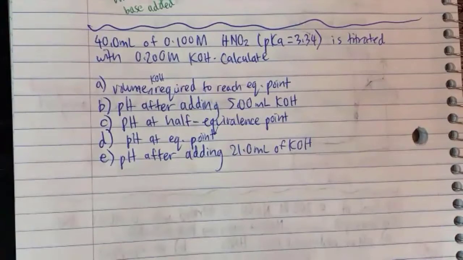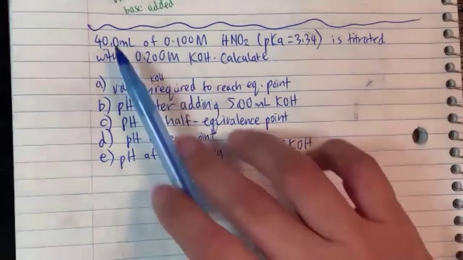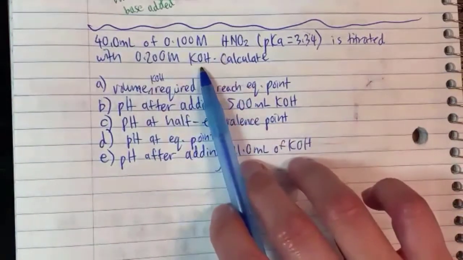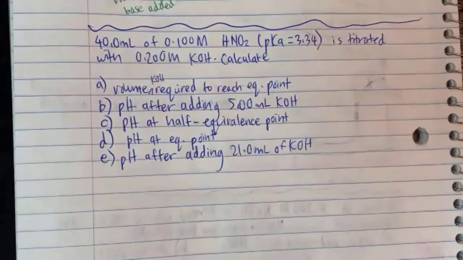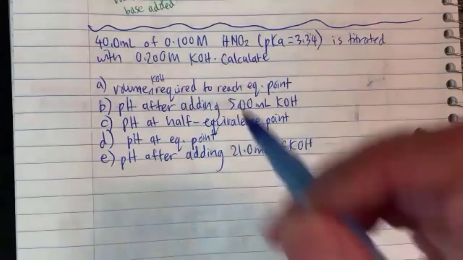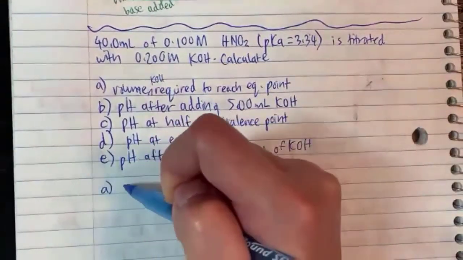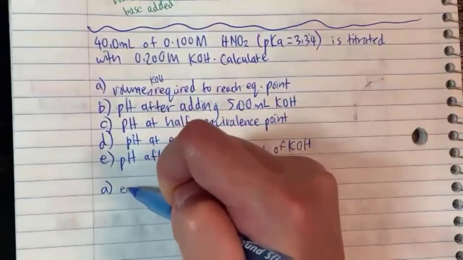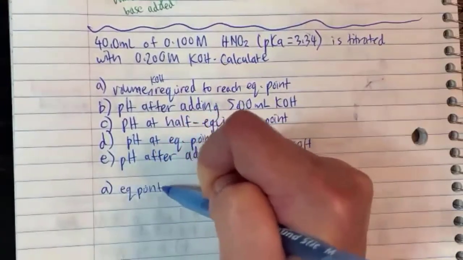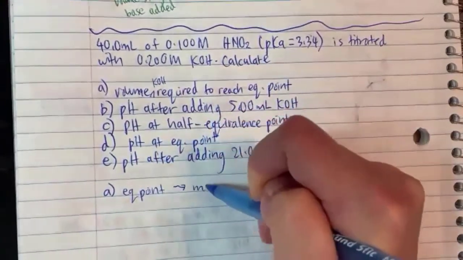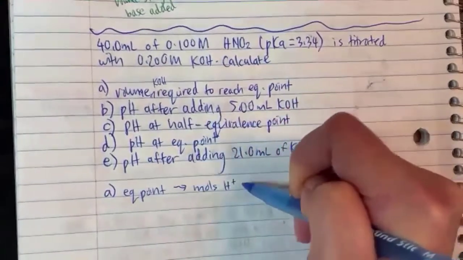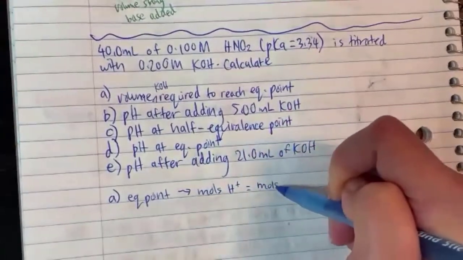So at equivalence point, you have to remember H and OH are equal. So we'll find out how many moles of H, and then we'll need to know how many moles of OH to match it. So in this case, in step A, equivalence point means moles of H equals moles of OH.